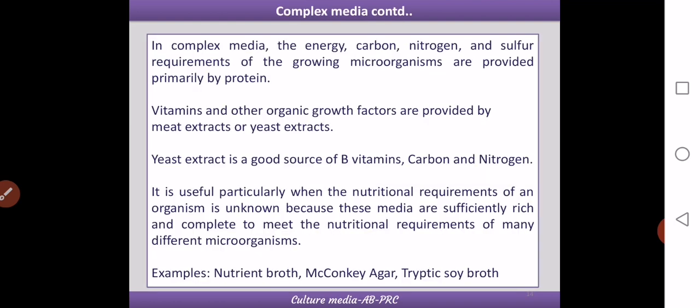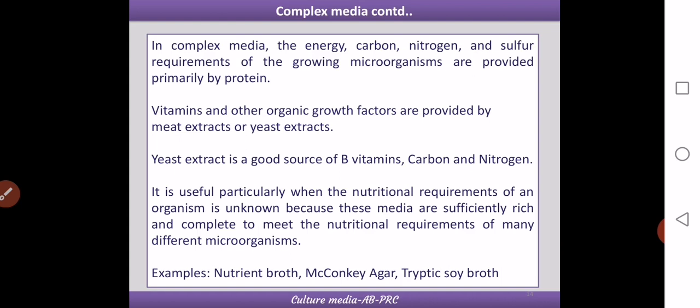See, all the sources will be satisfied, like energy, carbon, nitrogen, sulfur, all the requirements of the microorganisms will be provided usually primarily by a protein source. That's important. Usually in complex media, the energy, carbon, nitrogen, sulfur, and most of such requirements are provided primarily by proteins. When you see peptone, soy extract, plant tissue extract, animal tissue extract, or yeast extract, all those are rich in protein.